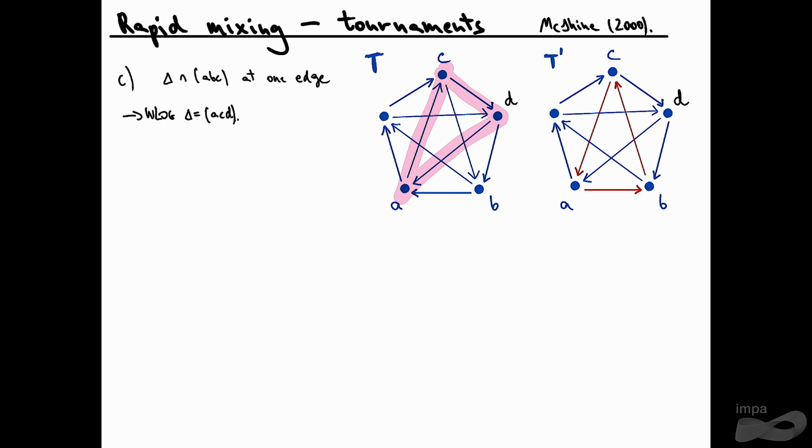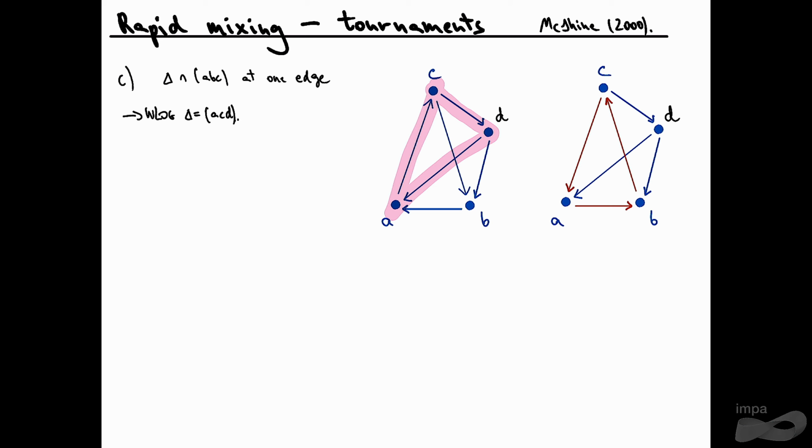Max Schein was brave and wasn't concerned about this problem. So let's look at the cases when the triangle intersects ABC at AC. Let's forget about the rest of the tournament and focus on these 4 vertices.